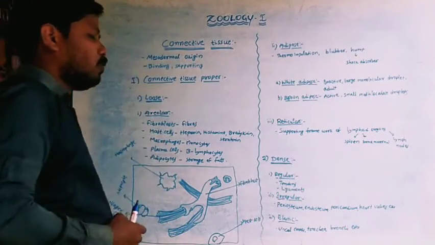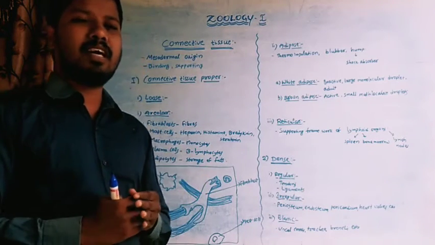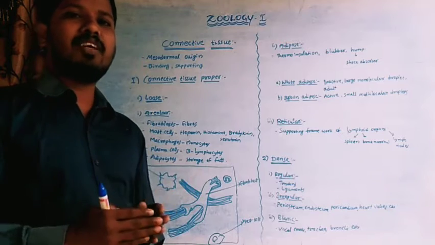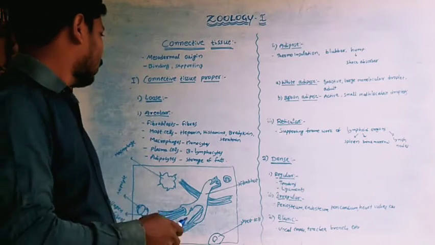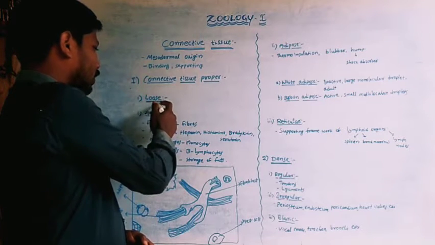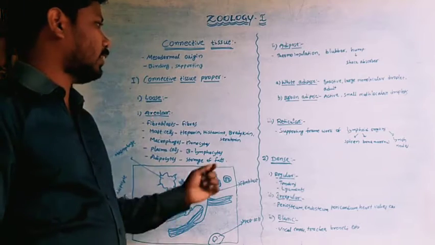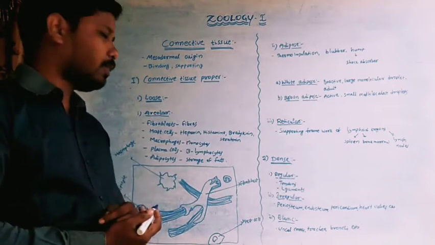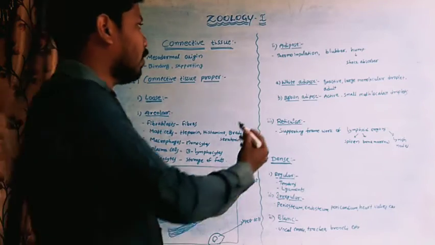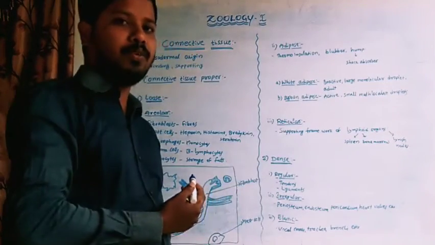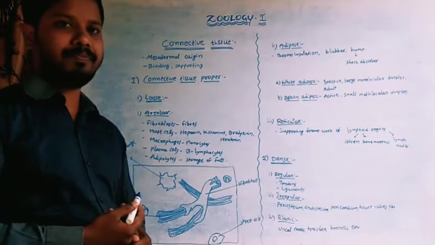In the loose proper connective tissue, the fibers are arranged loosely. The loose connective tissue is again divided into three types. Those are areolar loose connective tissue, adipose loose connective tissue, and reticular loose connective tissue.